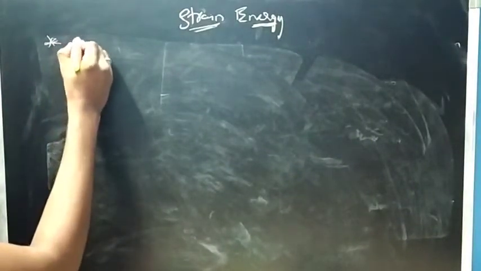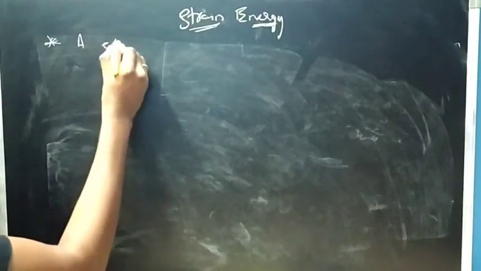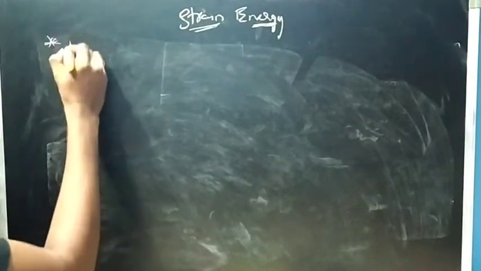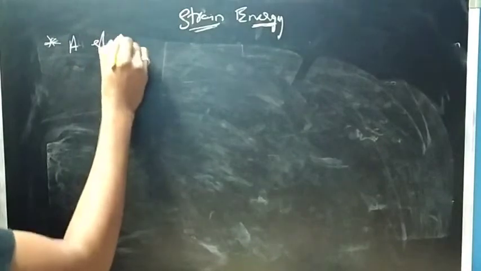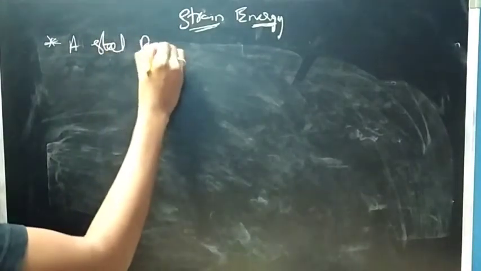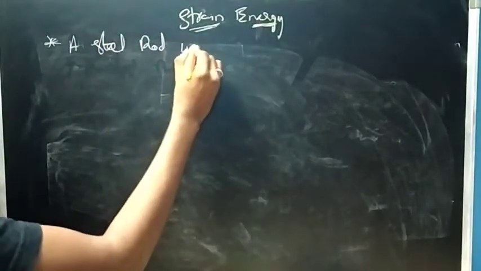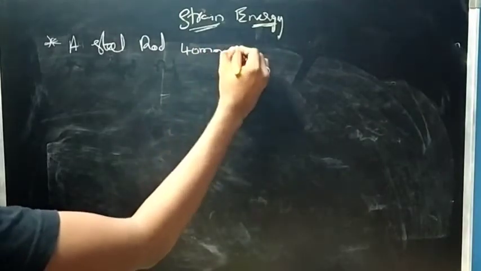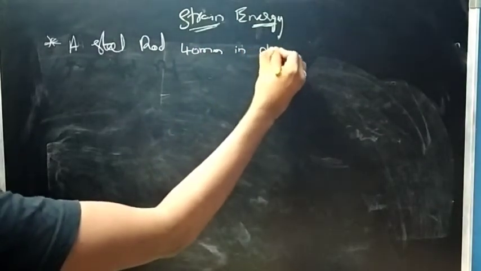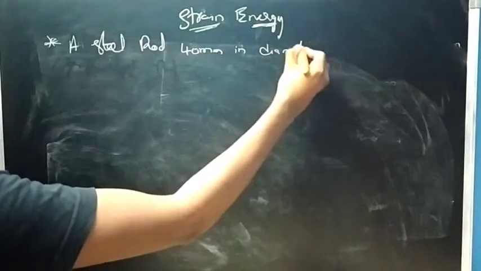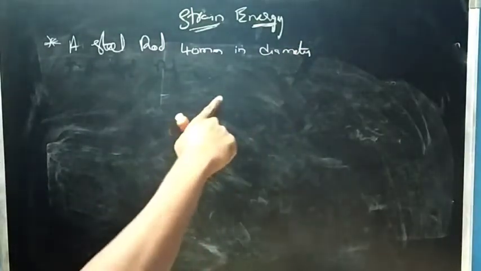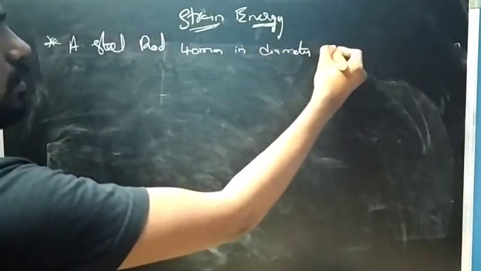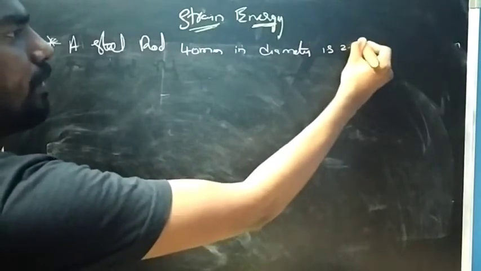And the question is given: a steel rod 40 mm diameter is 2.5 meters long.